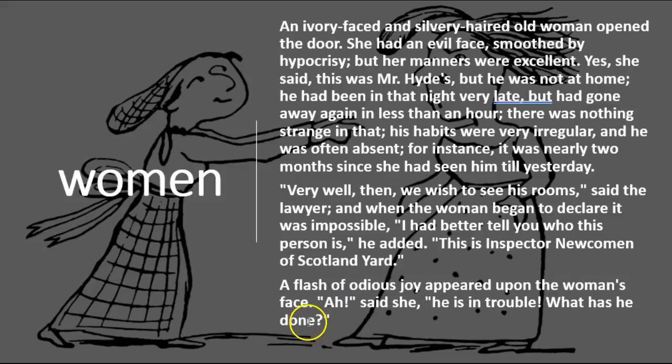What has he done? And that's the great cliffhanging moment. You can almost hear the drum beats, dun dun dun, and that's the very impulse that the reader has. The reader wants to know what Hyde has done.